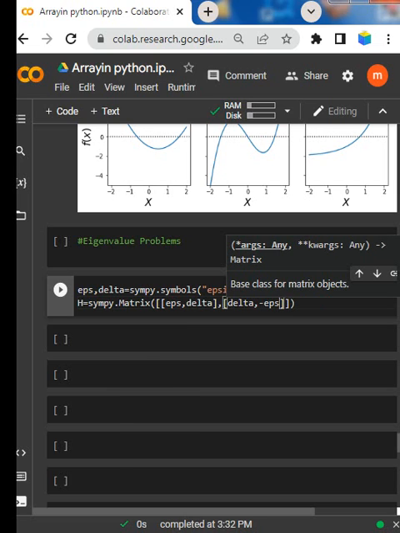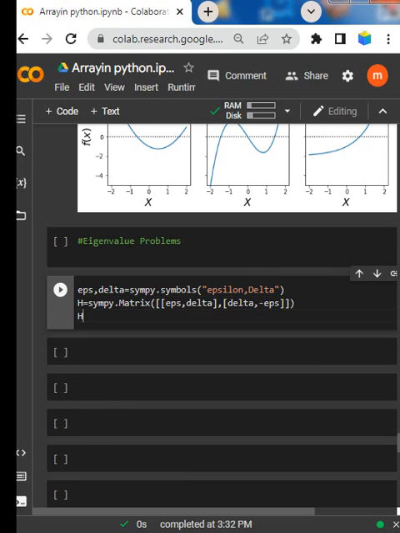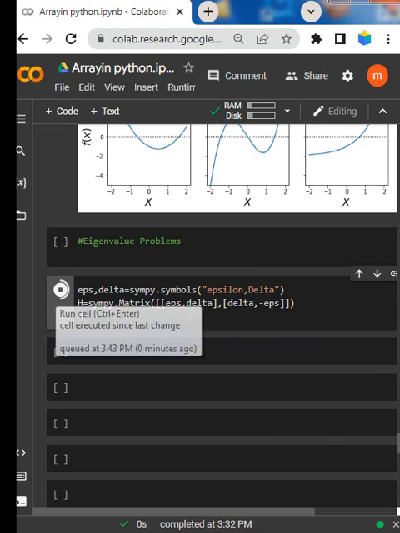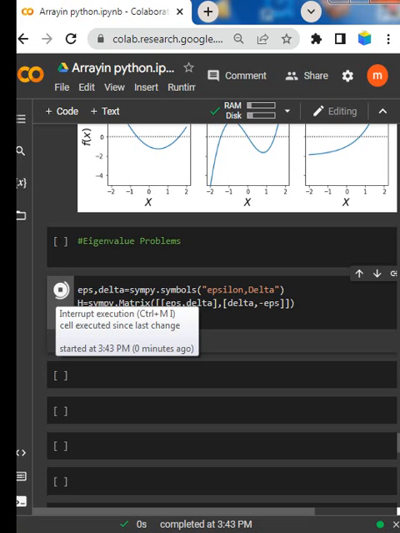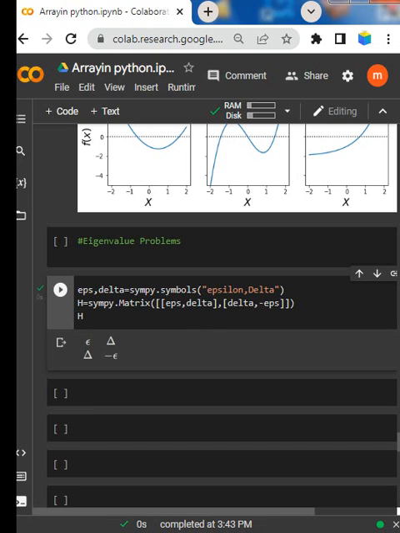Then we go here and print H. I hope you can see the output here. So the SymPy matrix with delta, yes, it has been printed like this.